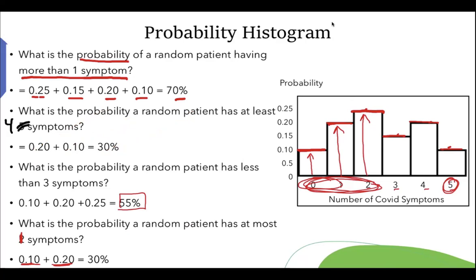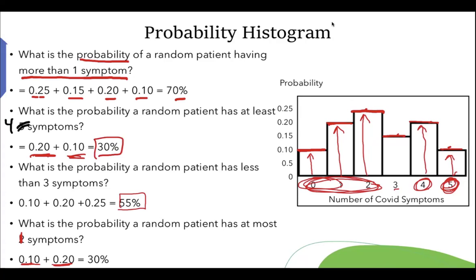If we think about at least 4, it means 4 and 5, and that's the sum of 0.20 and 0.10, and that's where the 30 came from. So I will fix the slideshows. So if you refer to this in Brightspace, you see the right numbers, but that was my intention here.